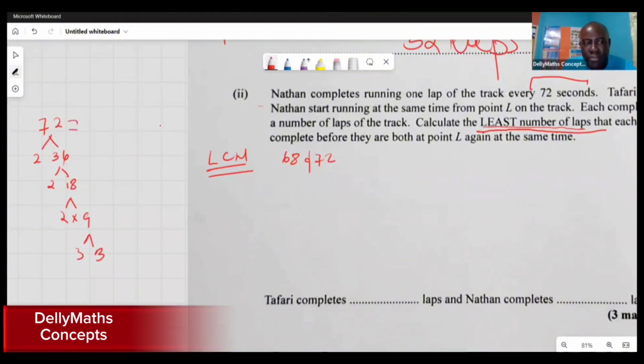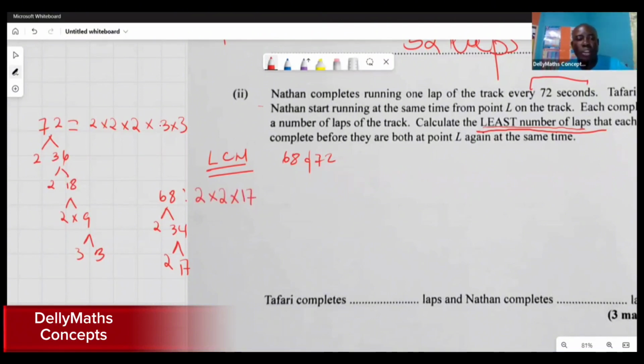At the end of the day, 72 is the same thing as 2 times 2 times 2 times 3 times 3. That is 72, right? So I broke it down using prime numbers. I want to do 68 just the same. 68, I could use 2 with 34, and then 2 with 17. All right, so basically 68 can be found by multiplying 2 times 2 times 17.